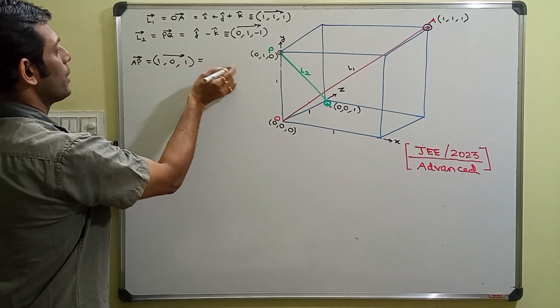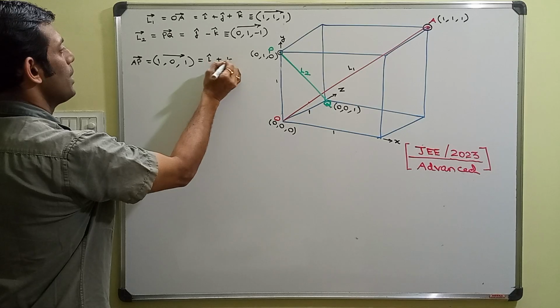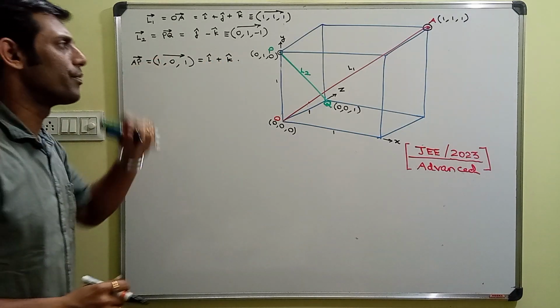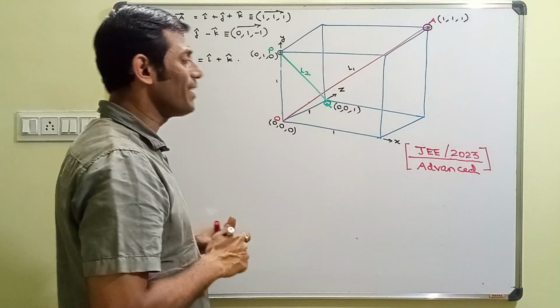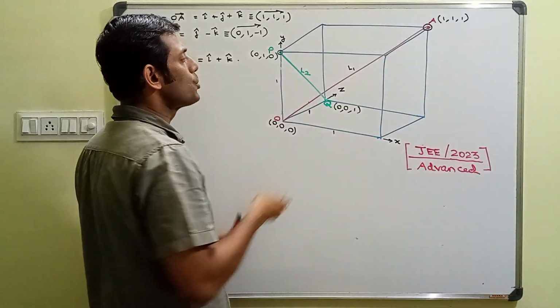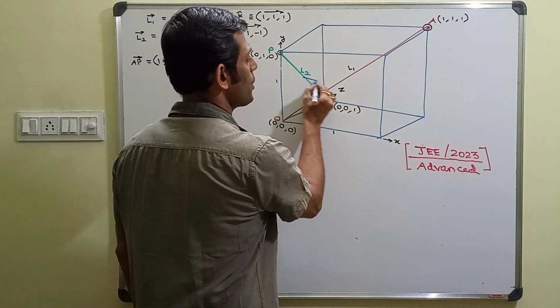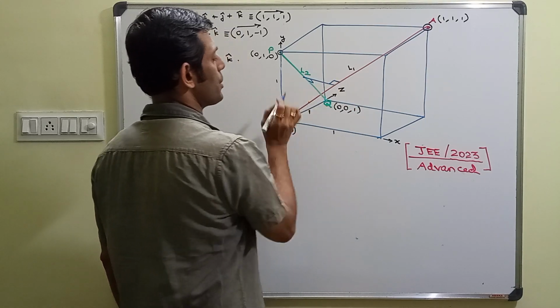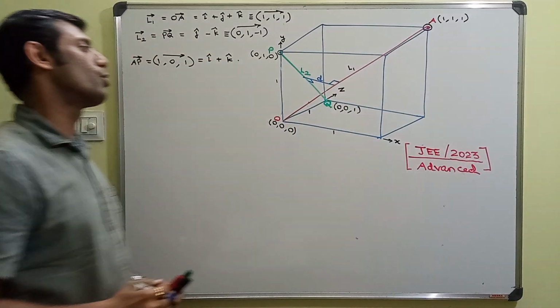This being a vector, we can also define this as i cap plus k cap. Now this is a point-to-point vector. The shortest distance that can exist between these two lines is, let's say, like this, such that this is 90 degrees and this is 90 degrees. This is the D that we are talking about.